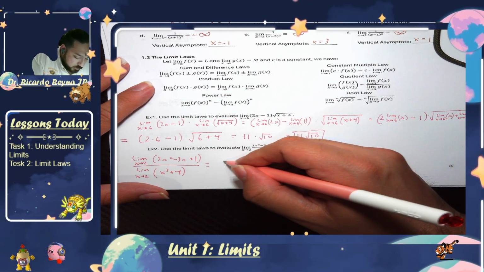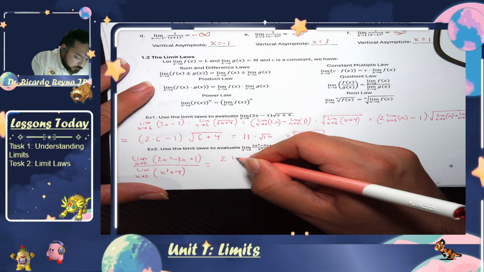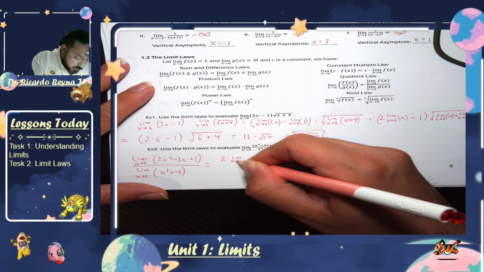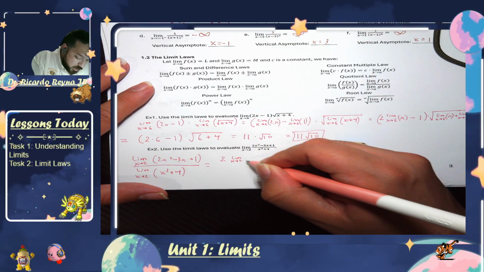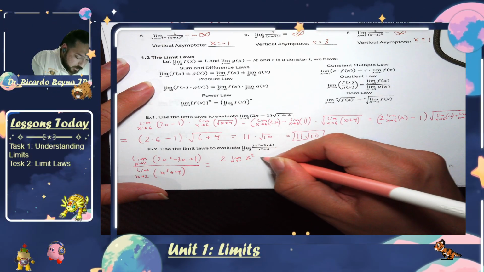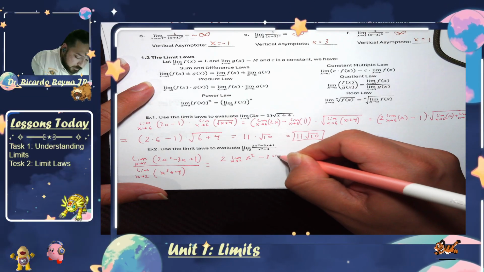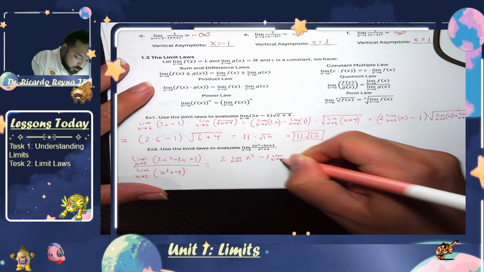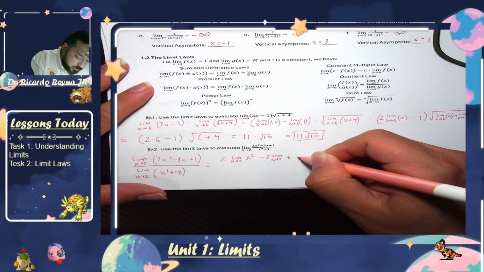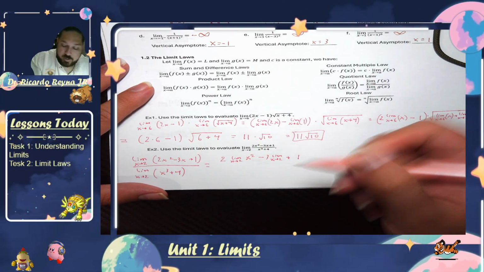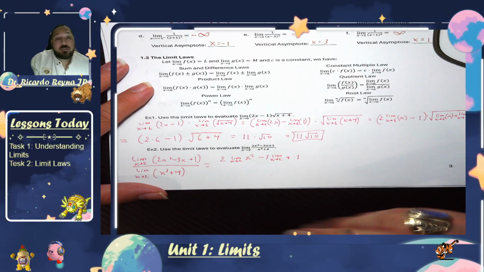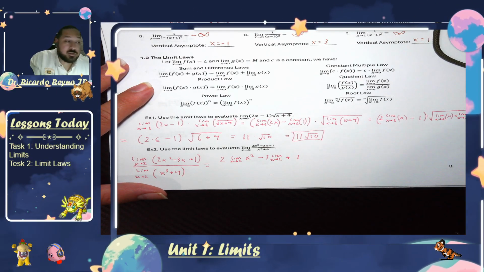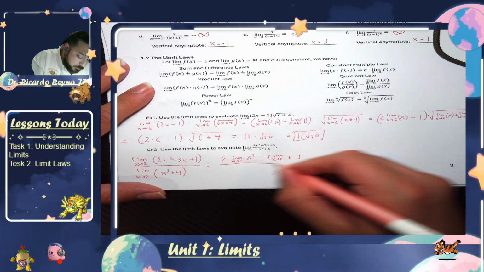We have 2 times the limit as x goes towards 2 of x squared minus 3 times the limit as x goes towards 2 of x, and plus, I'm not going to write the limit there, I'll just write 1. We know the limit of the function 1 is just going to be 1.